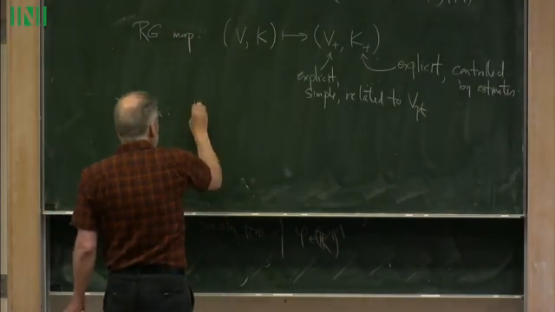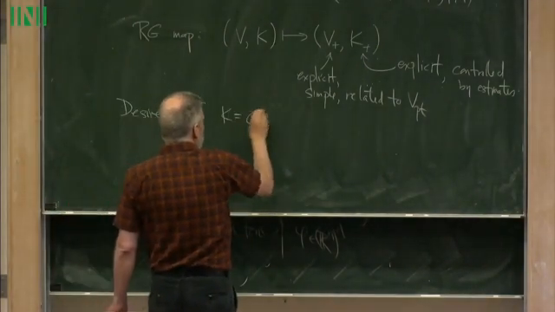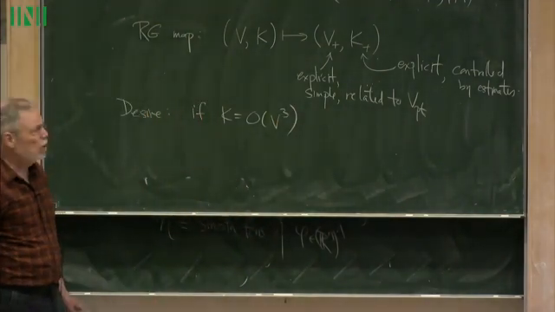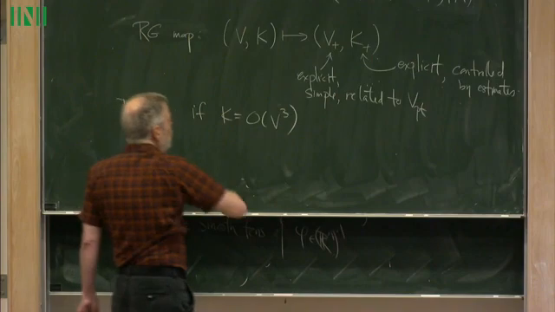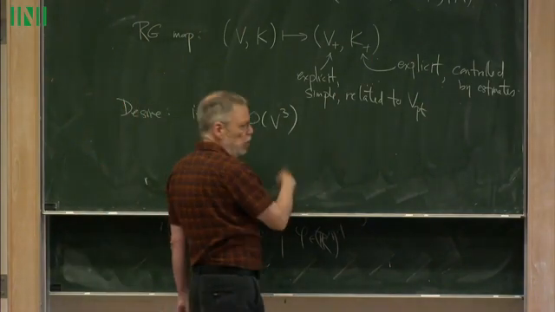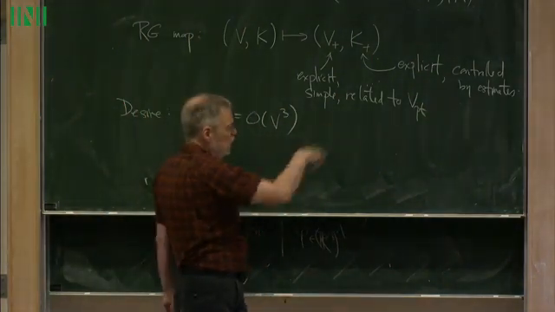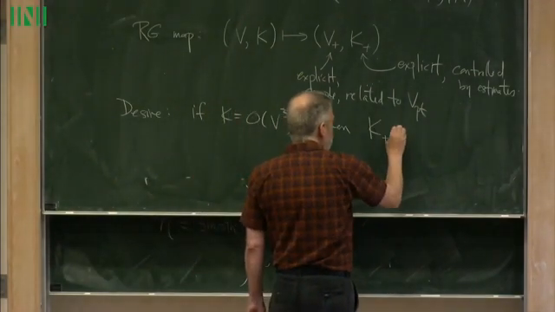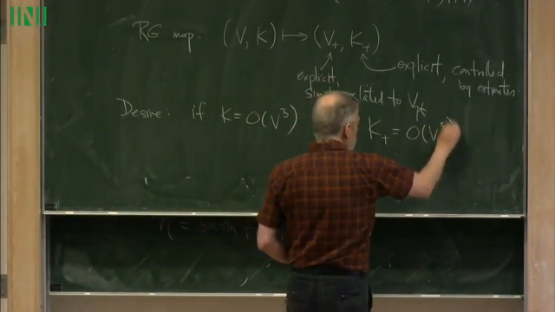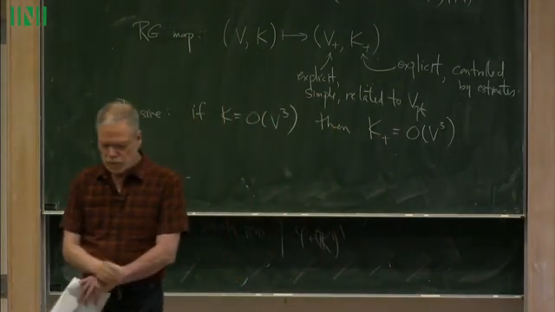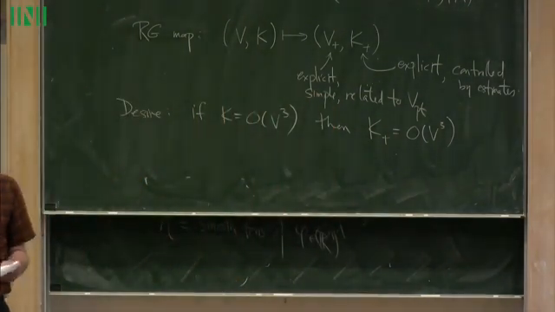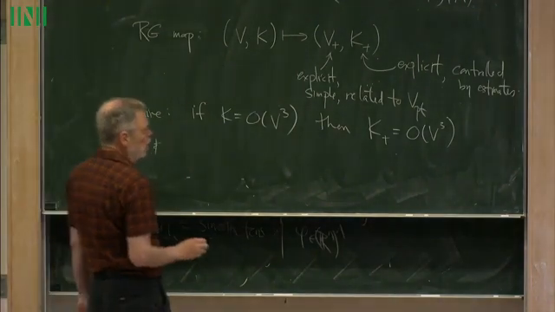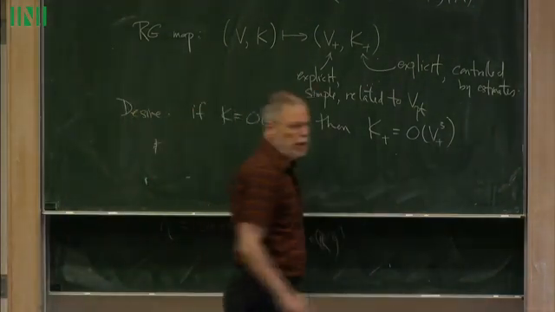So if k is order of, I'll call it v cubed, so v is the polynomial here. In particular, it includes g, which is really controlling also mu, as we've seen over there. Then I would like k plus to also be order v cubed.